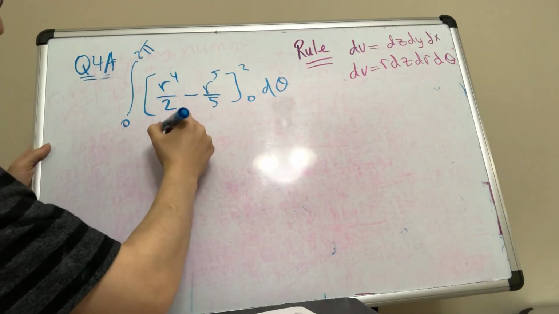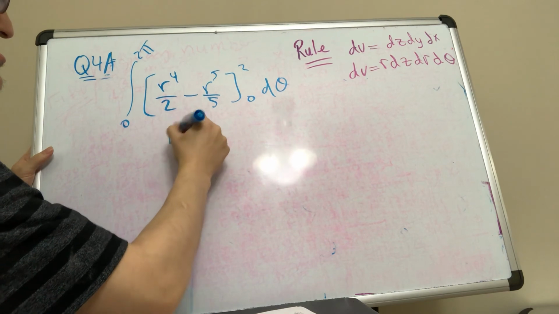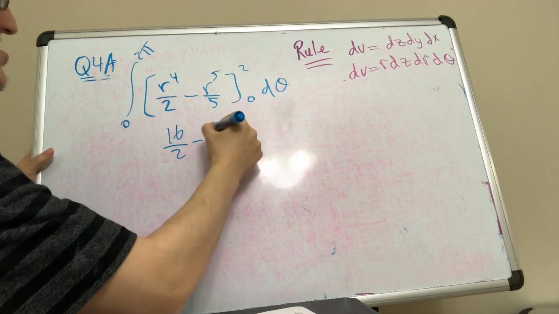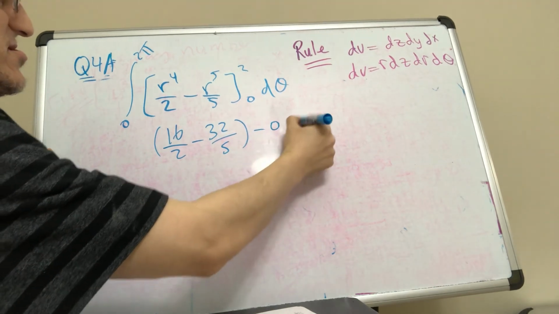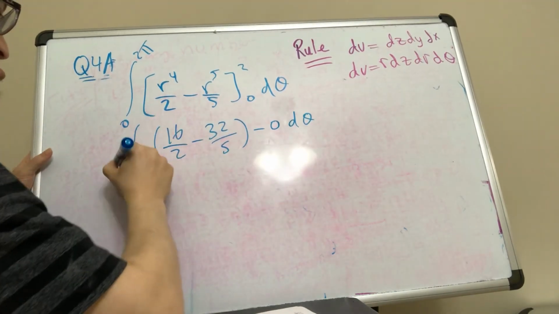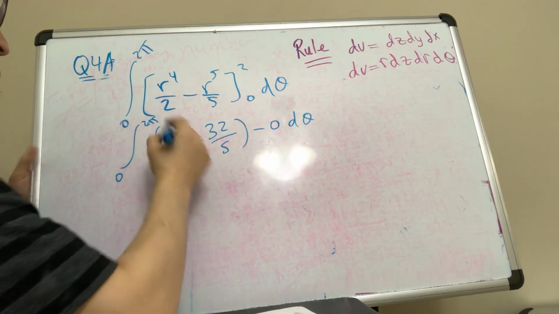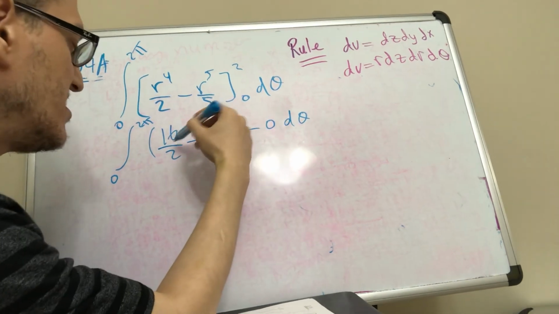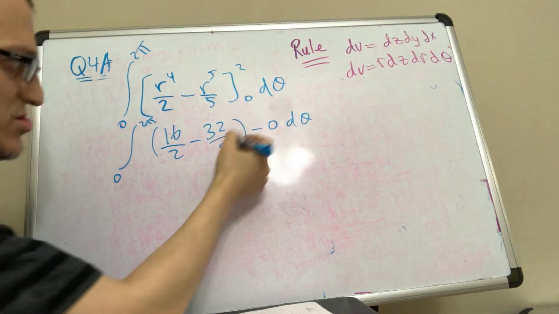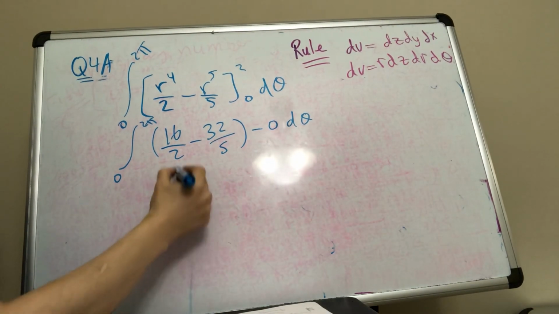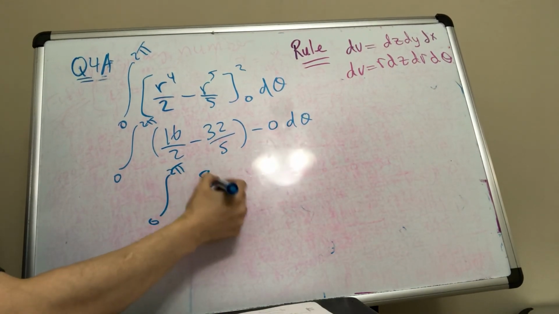You put the 2 to the power 4, 16, and 32 over 5 minus the 0, d theta. This is 8. 8 minus 32 over 5 becomes 8 over 5. So basically you're integrating the fraction 8 over 5.